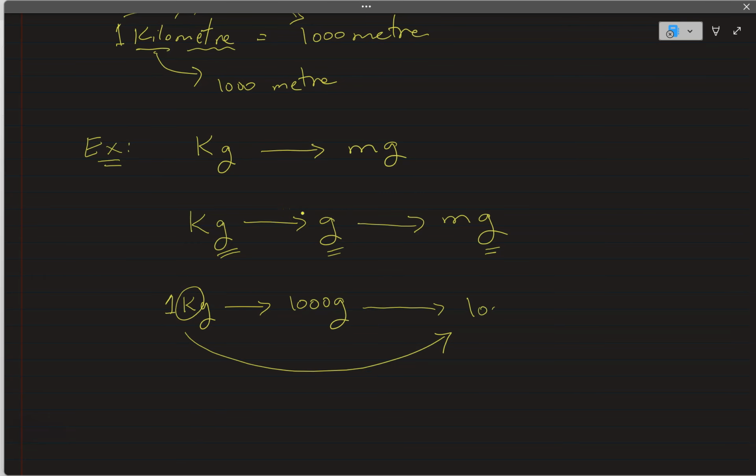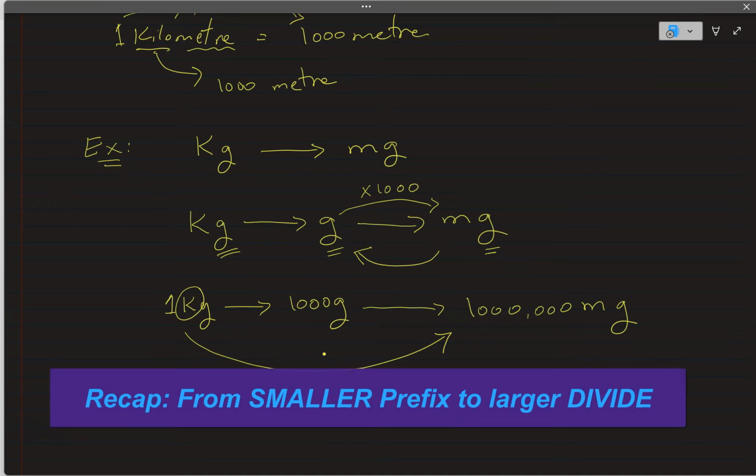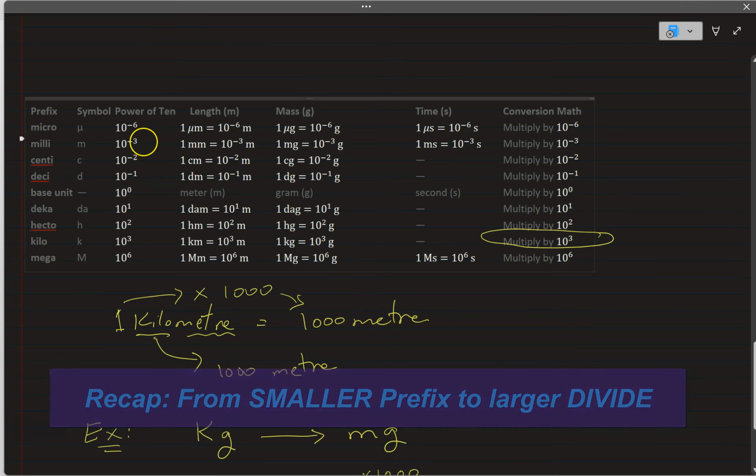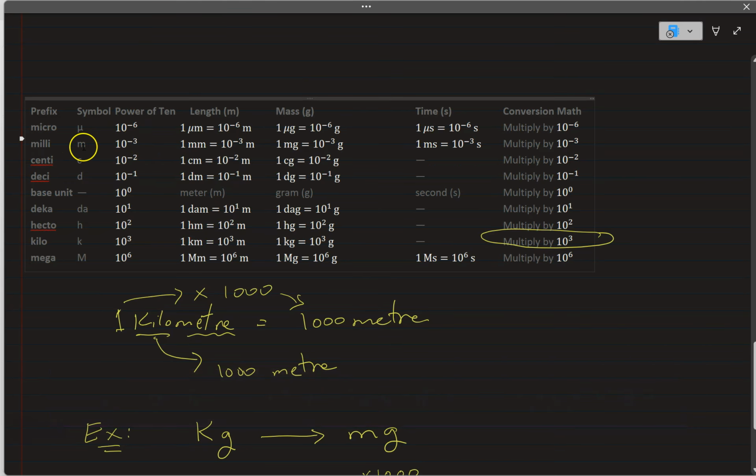So altogether it will be 1 million milligrams, because remember, from gram to milligram, you're multiplying by 1000 again. If you're going backwards, you have to divide by 1000, or multiply by 10 to the power of negative 3. That's the milli.